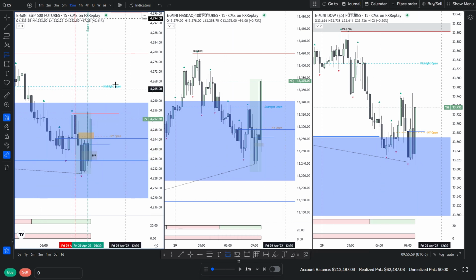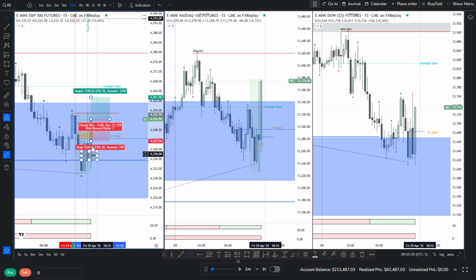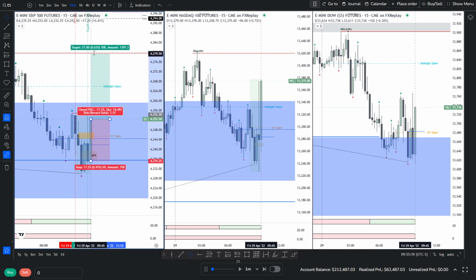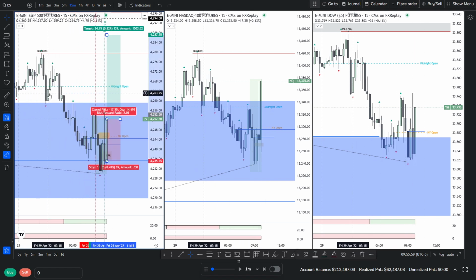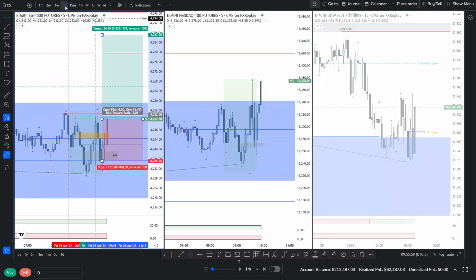So let's just have a look here. That's a biggish SL. M5.